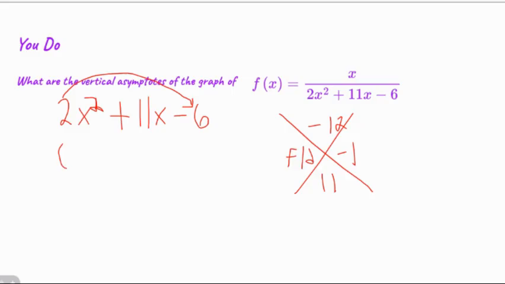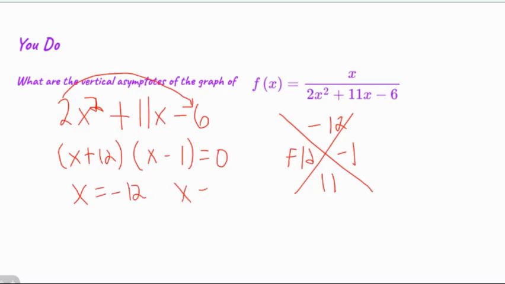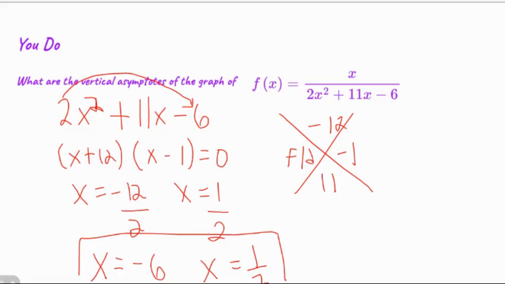So we got x plus 12, x minus 1. And we're going to do our division at the end. So we get x equals negative 12 from this one, and we get x equals 1. But we started by multiplying by that 2. So don't forget that last step. x equals negative 6, and x equals 1/2 would be my two vertical asymptotes.